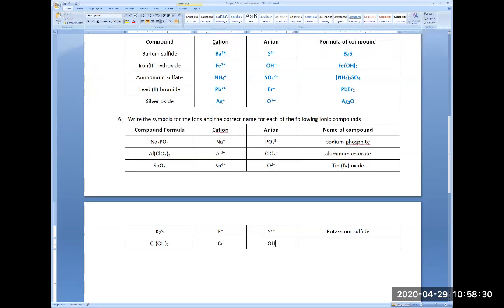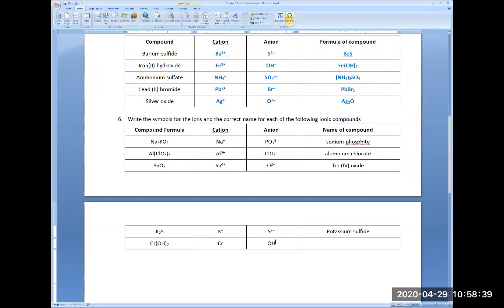OH is a polyatomic ion and it carries 1 negative charge. Right? Okay, and we have 2, so hopefully you can now find out the charge on chromium. So I will let you try that. And tell me what is the charge on chromium now.